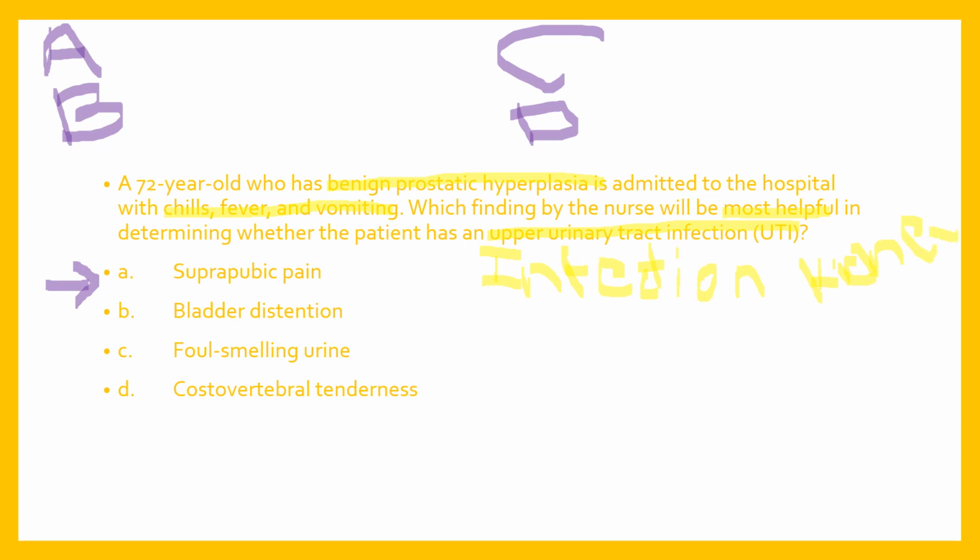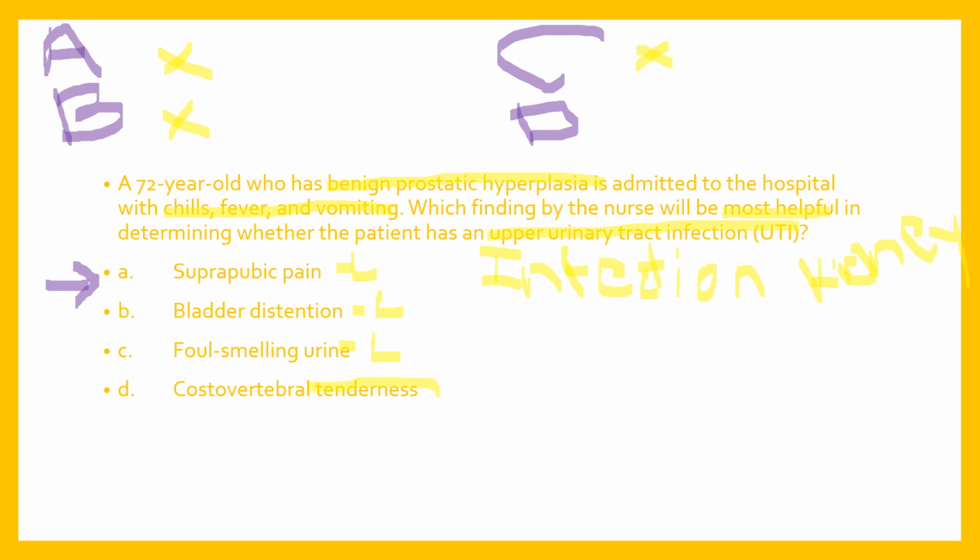All right, so now that we've broken down the question, suprapubic pain is going to be a lower UTI. Bladder distension is going to be a lower UTI. Foul-smelling urine is going to be a lower UTI. So we know A, B, and C are all incorrect.